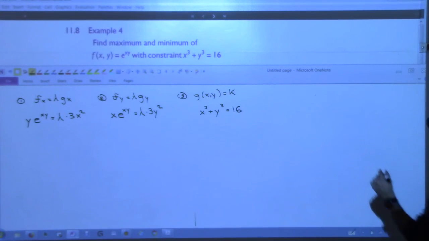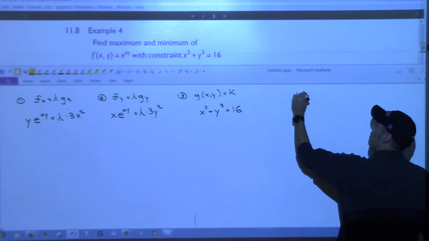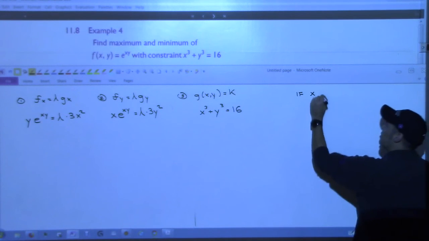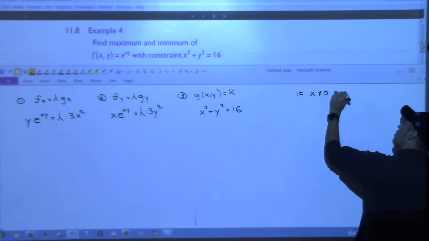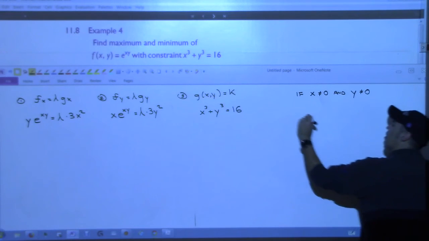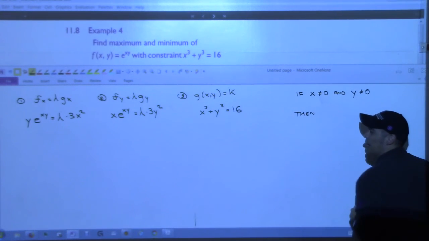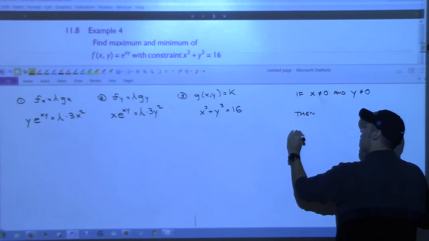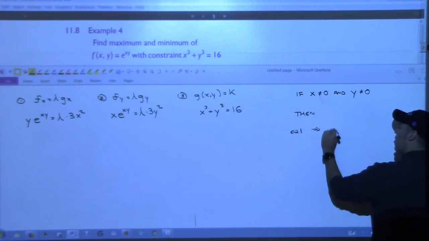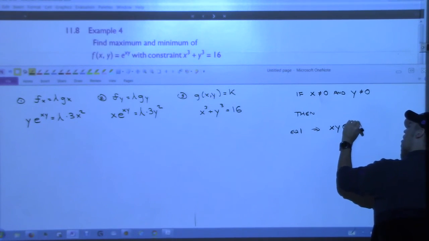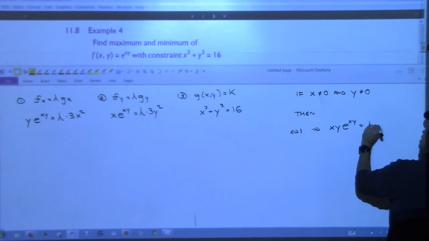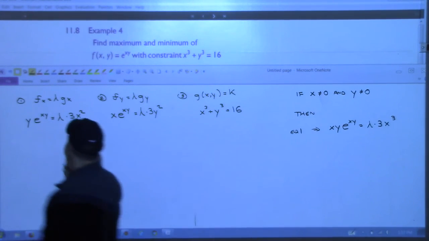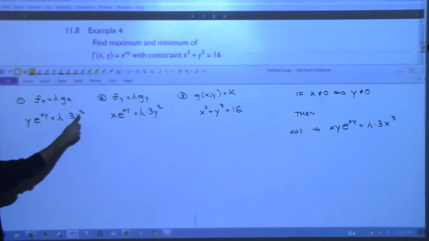So I'm about to make a statement. If x is not 0 and y is not 0, then what can I say? Let me go ahead and multiply the first equation. Equation 1 can be rewritten as xy e to the xy equals lambda times 3x cubed. Does everyone understand what I did there? I took this equation and multiplied both sides by x.